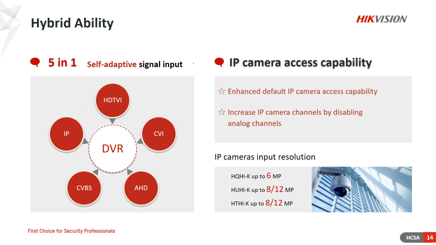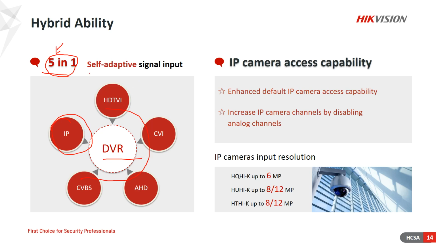And after talking about 4-in-1, here comes another concept, which is 5-in-1. So 5-in-1, what's the difference? The additional one is the IP signal. The camera is going to output four kinds of analog signals, but the DVR is going to receive 5 kinds of signals, including 4 kinds of analog signals and 1 kind of IP signal.